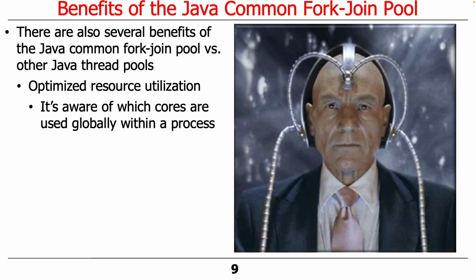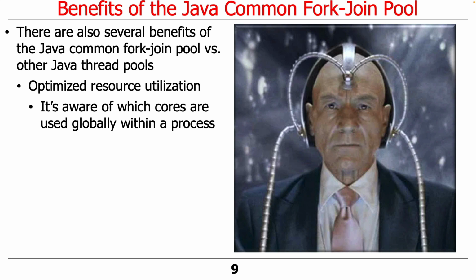One of the main benefits here is to optimize resource utilization, because the common fork join pool is aware of all the cores that are being used globally within a process. We've talked about before, it always has one less than the total number of cores of threads by default, because the calling thread pitches in and does some work as well.